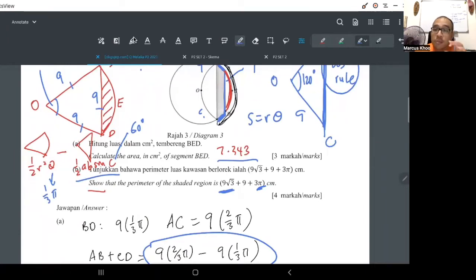So this is a little bit of work, but when you plus them together, it is already 3 marks. Just a few steps to get this. So even if you can't get the 4th mark, you can get the 3 marks. This is the third mark. Okay, you can get 3 out of 4.